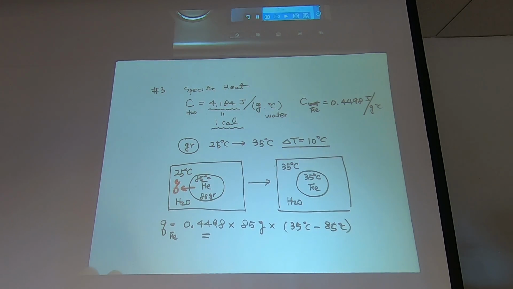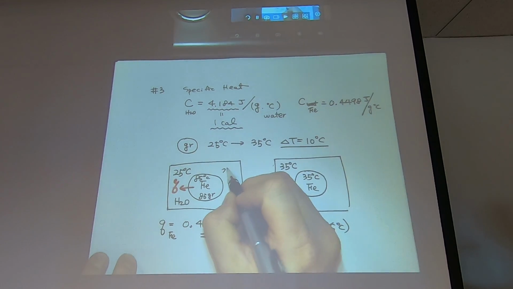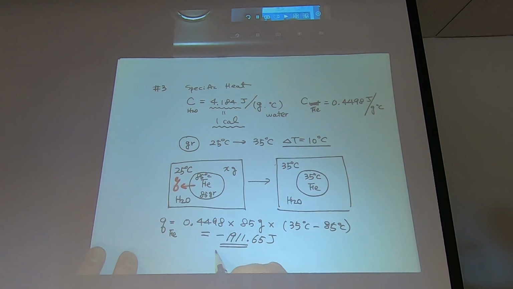And this allows me to say that's a minus 1911.65 joule. So this amount of heat is leaving the iron and dumped onto the surrounding, which is the water. And for water, I don't know the mass, so this is essentially x grams. So for this amount of heat, as far as the water is concerned, Q water, I am going to switch the sign because water is receiving the energy from the iron.